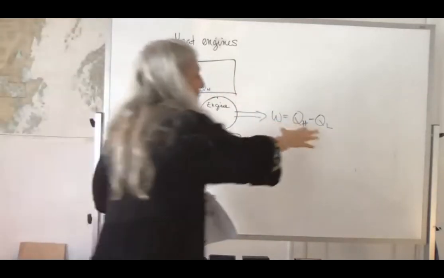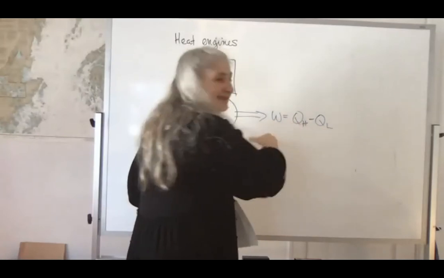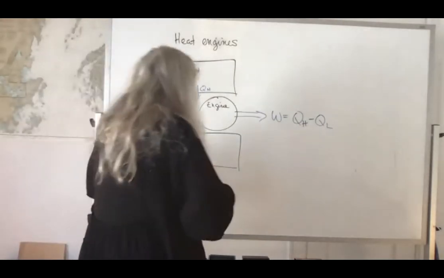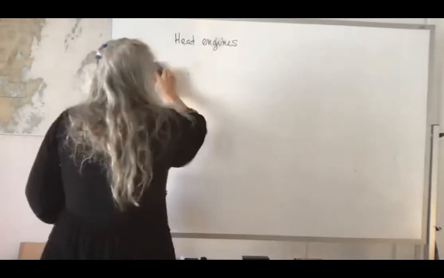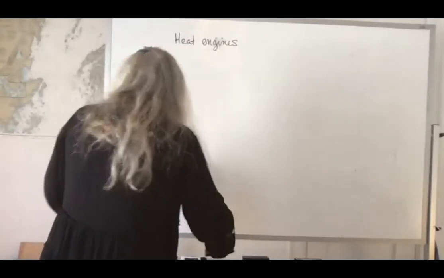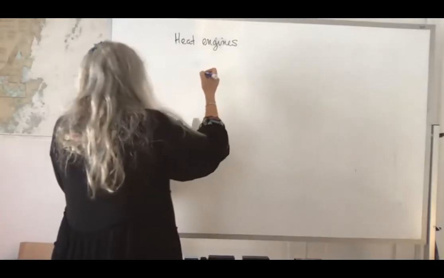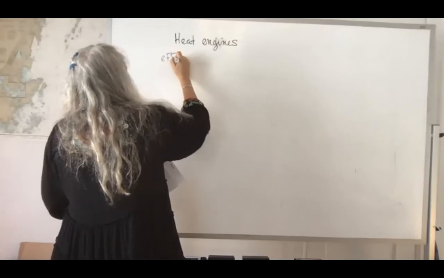So there'll be a limit on ratios of these things based on entropy considerations. So what do we mean by efficiency of a heat engine? Let's talk about a heat engine. I want to talk about efficiency.